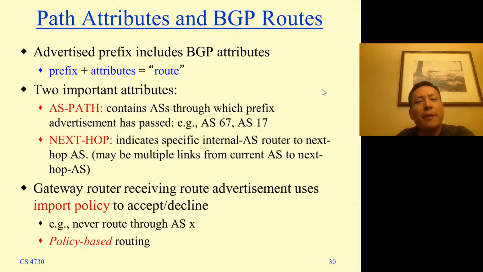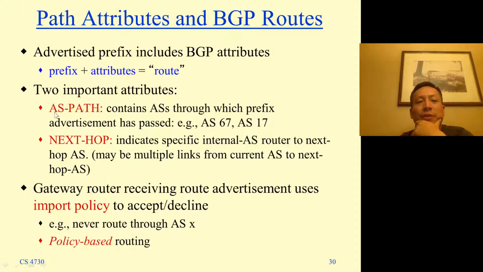To define a specific route, BGP needs to exchange information. What it essentially exchanges is called BGP attributes. There are two sorts of attribute information.